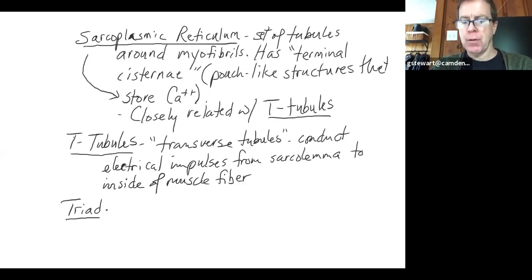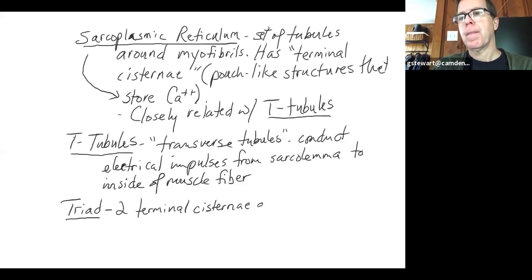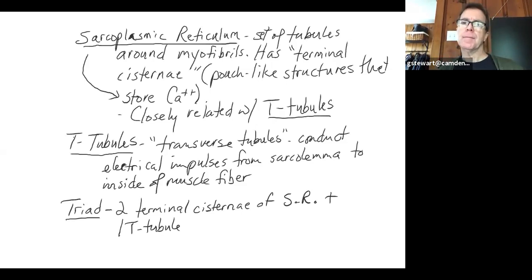This is a name that we use to describe two terminal cisternae of the SR plus one T-tubule. Okay. Now I have two pictures to draw and then we'll be done for the day.